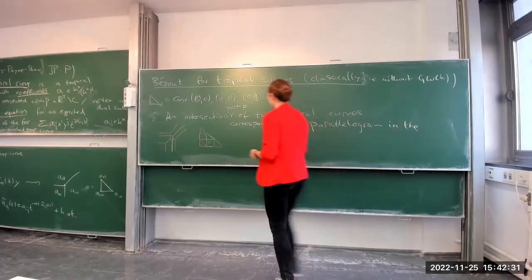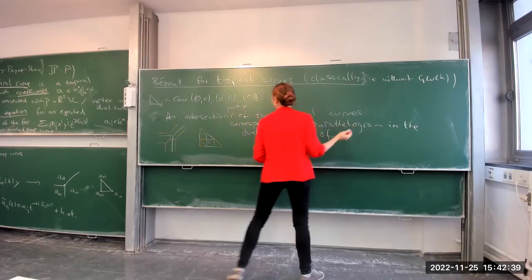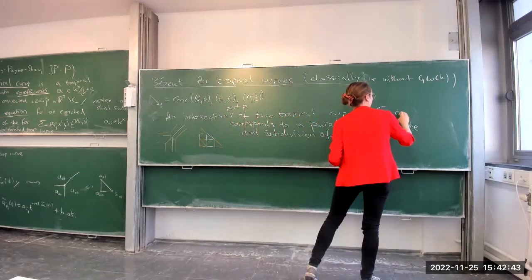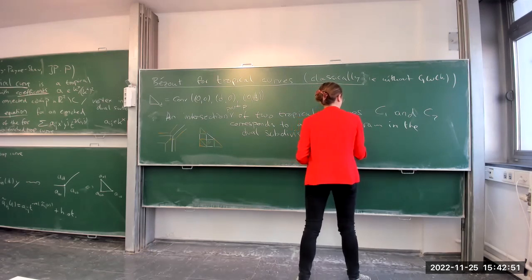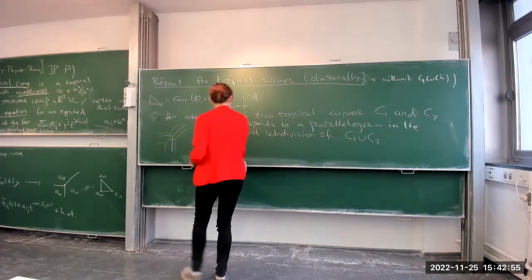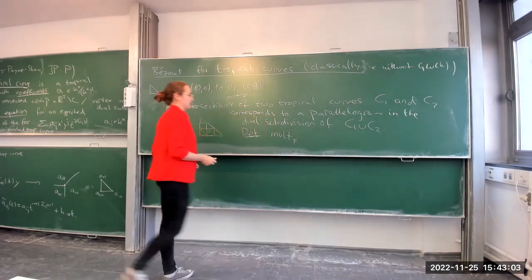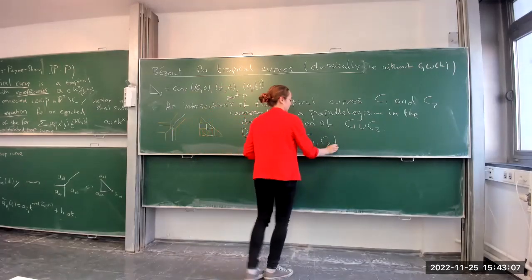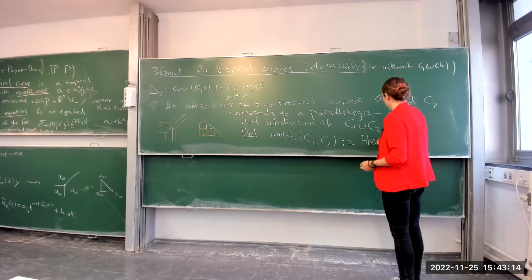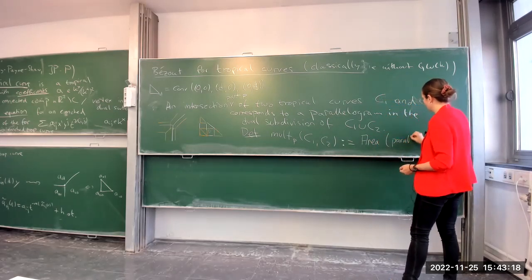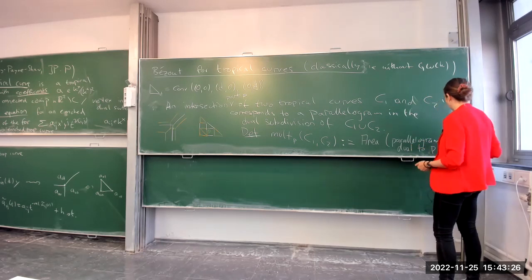In the dual subdivision of the union of two tropical curves, T1 and T2, you can define an intersection multiplicity at this intersection point to be the following: just the area of this parallelogram. Maybe you've seen another definition, but this is equivalent to this.